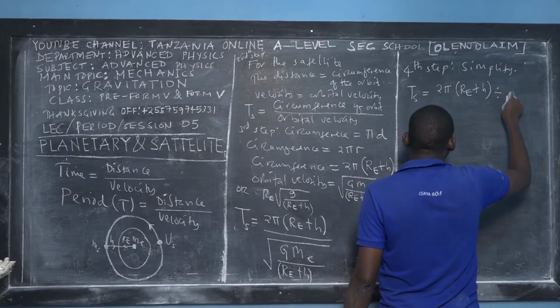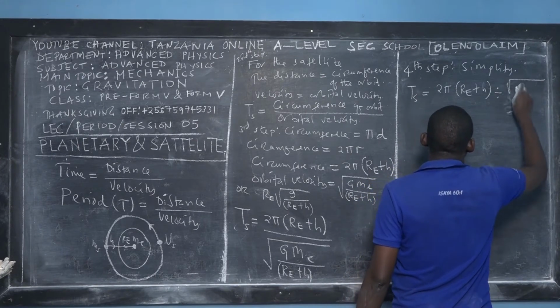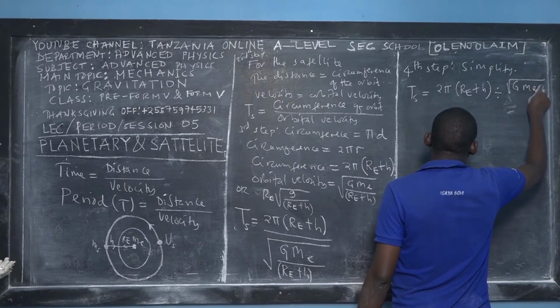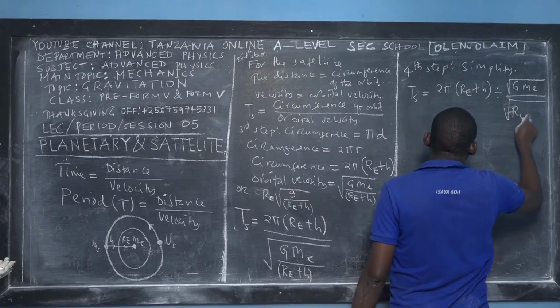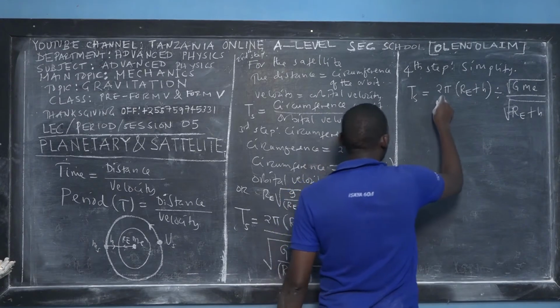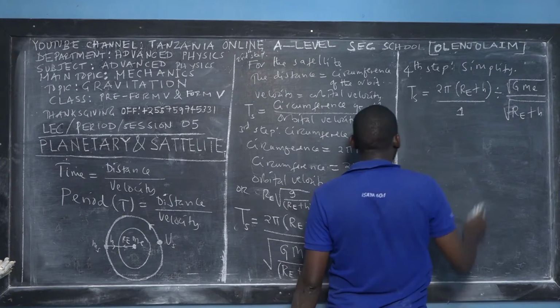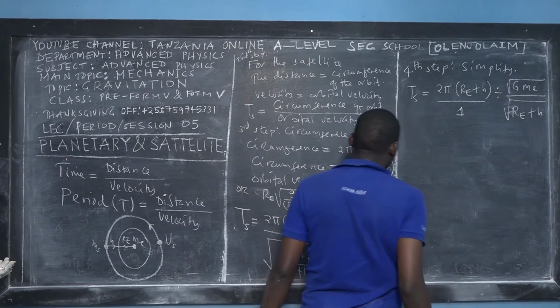We divide by the square root of the universal gravitational constant times the mass of the Earth, over the radius of the Earth plus the height. So this one is over 1. Because you are dividing fractions, the denominator becomes the numerator, and the numerator becomes the denominator.